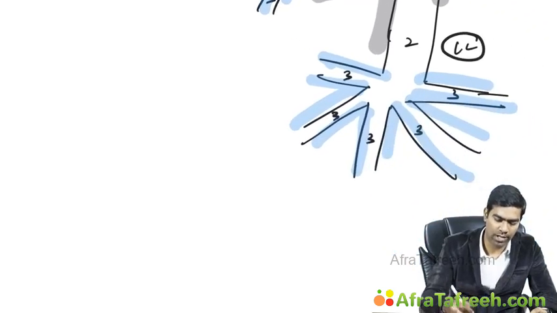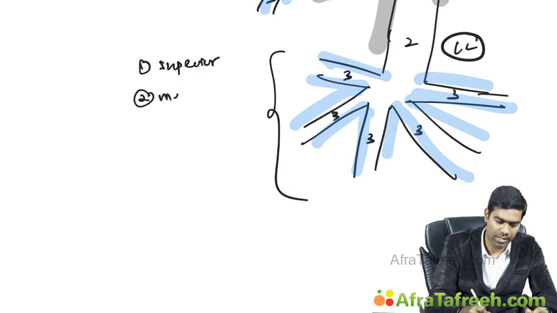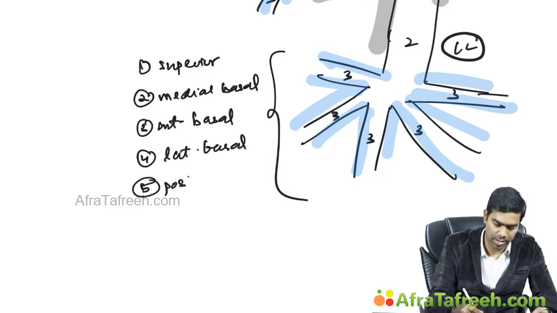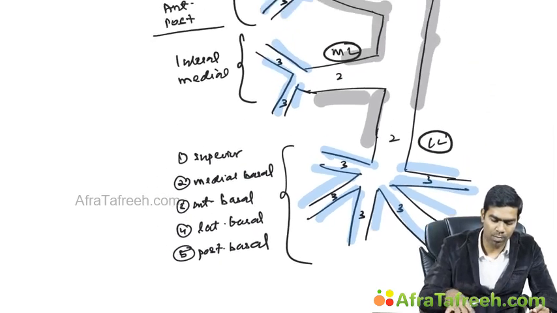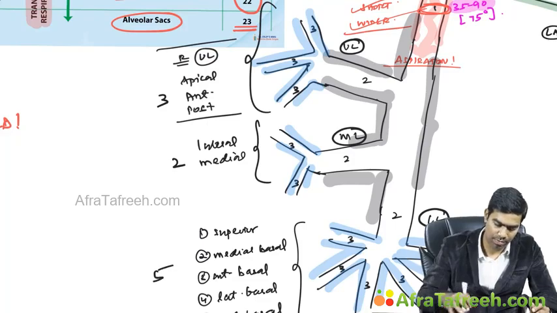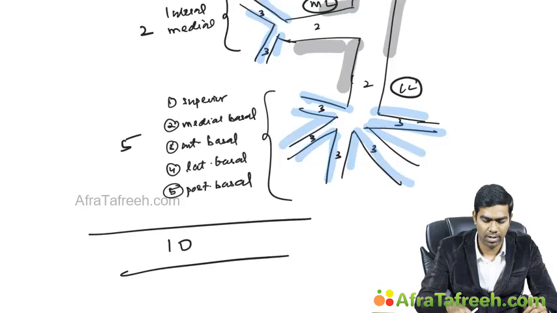In the right lower lobe, you have 5 segments: superior, medial basal, anterior basal, lateral basal, and finally posterior basal. So totally on the right side, 3, 2, 5, there are 10 bronchopulmonary segments.